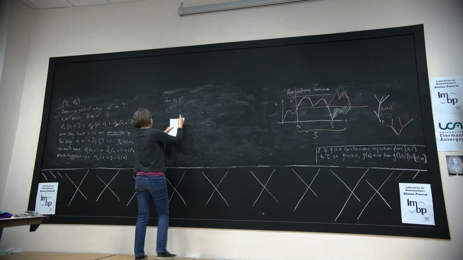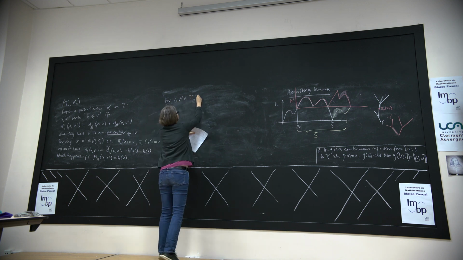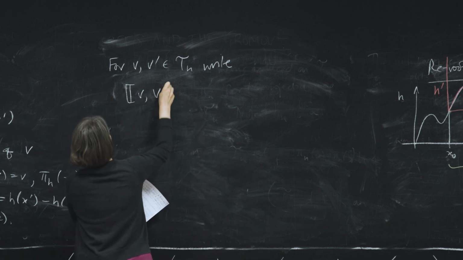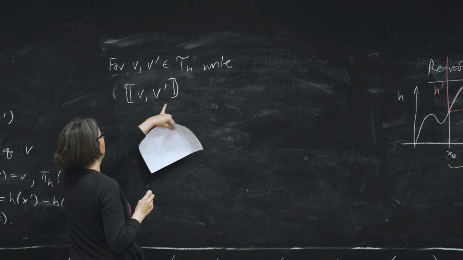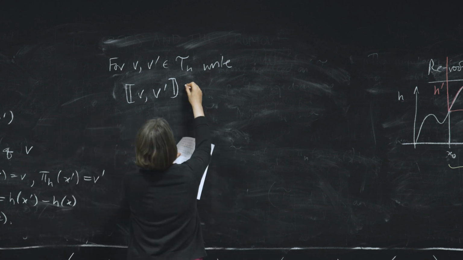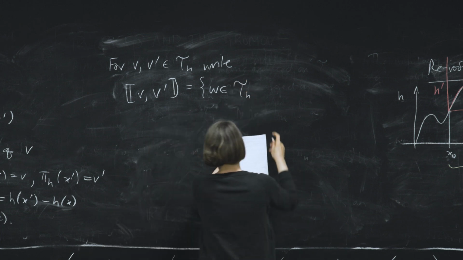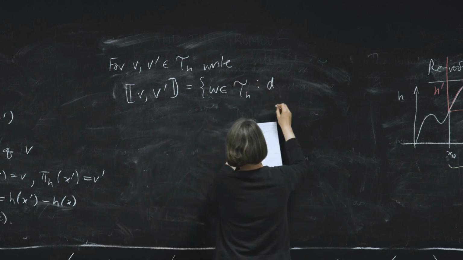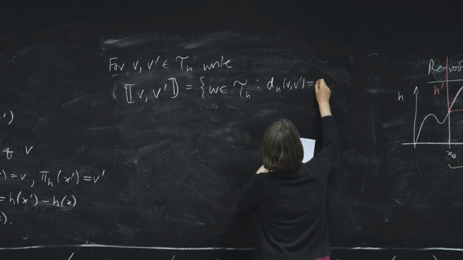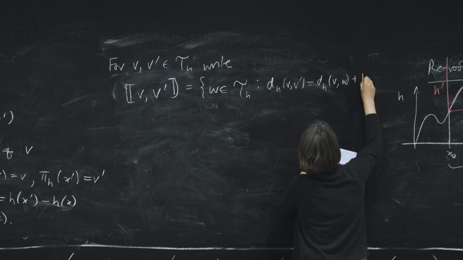So if I've got a pair of points again in T_H, I'm going to write, again, this double square bracket [v, v primed] for the set of w in T_H such that d_H of (v, v primed) is equal to, again, such that the triangle inequality is tight.